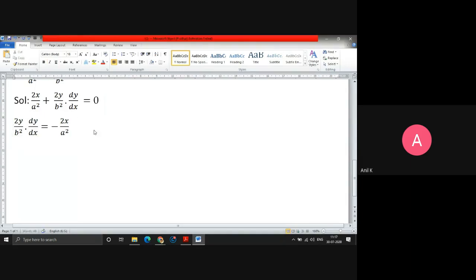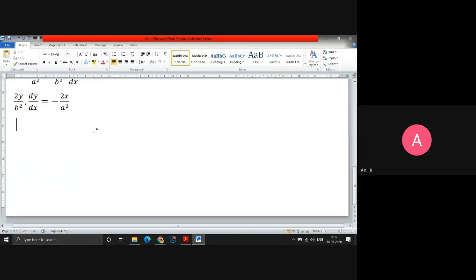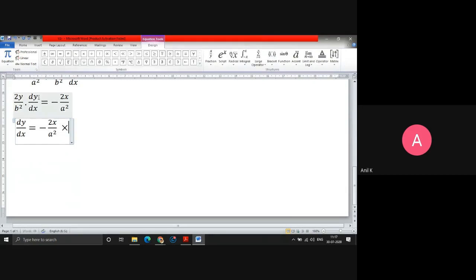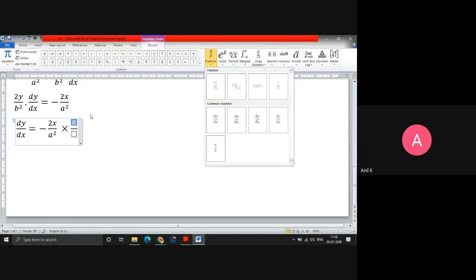Let me do it step by step. Now this 2y upon b square will go to the right hand side as b square upon 2y. I think everybody agrees with this.